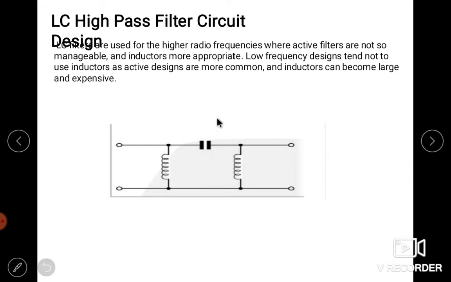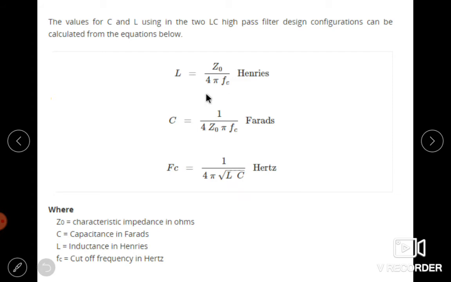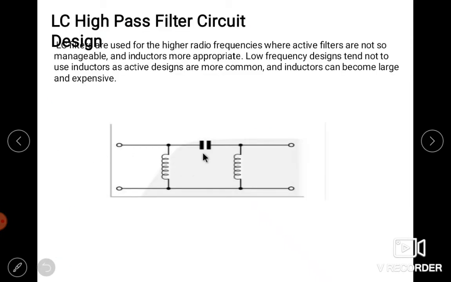Similarly, when we design this high pass filter circuit, there are some values of L, C and fc. So how have we designed this high pass filter while choosing the C?